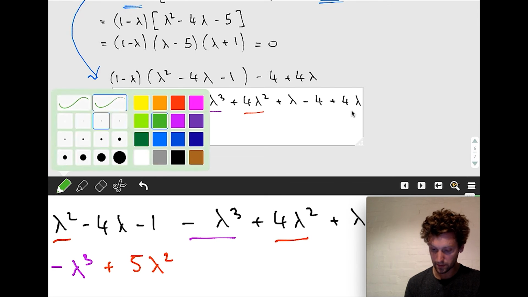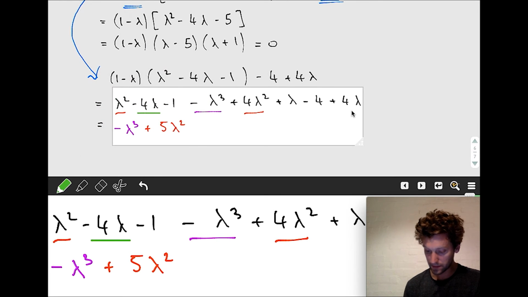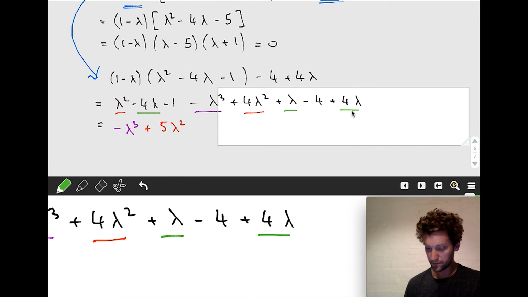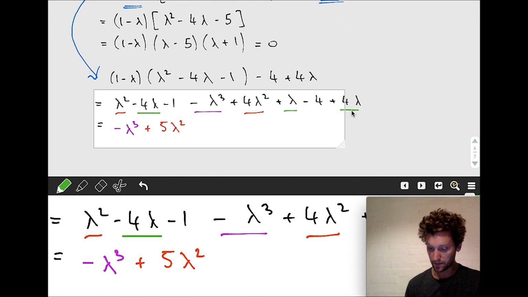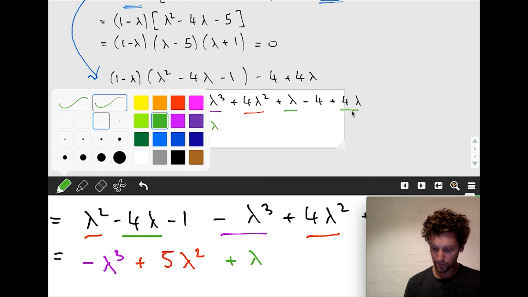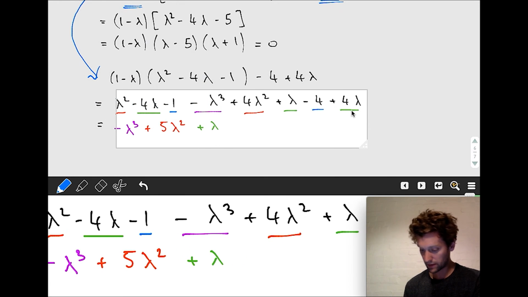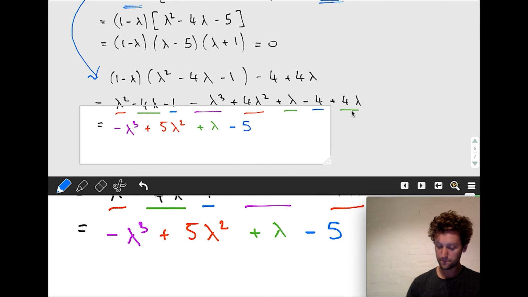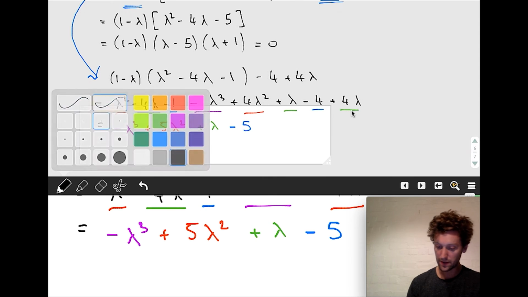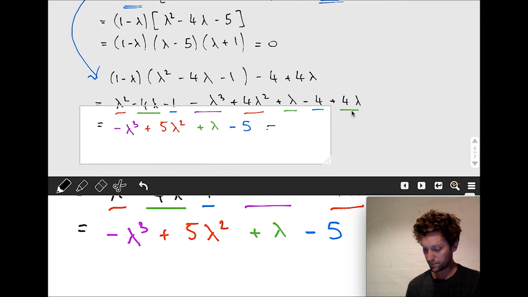I've got minus 4 lambda plus lambda plus 4 lambda, so that will give me plus lambda. And I've got minus 1 and minus 4, so that'll give me minus 5. So that's my cubic equation, and that's got to be equal to 0.